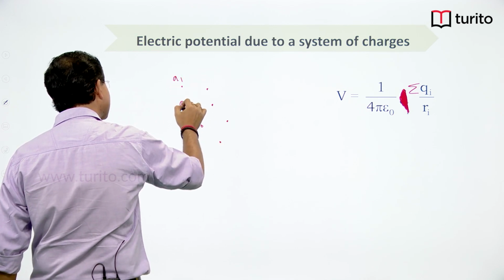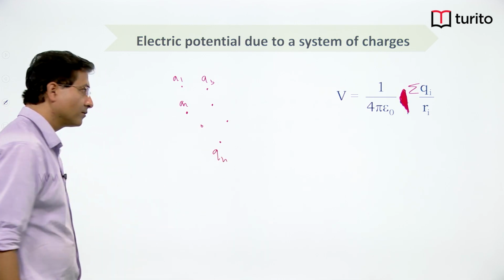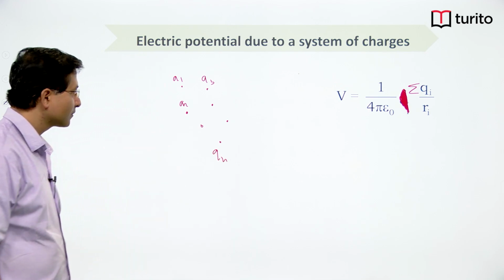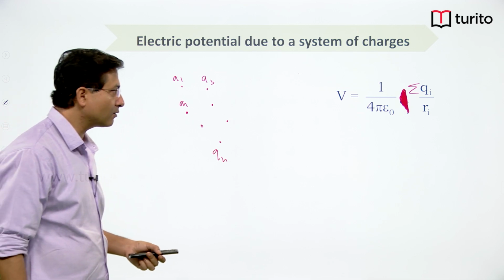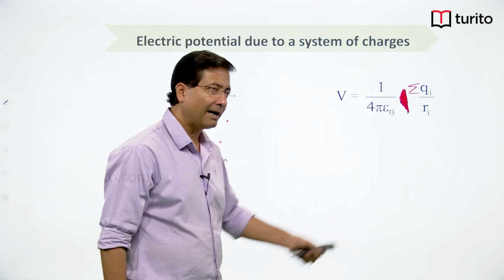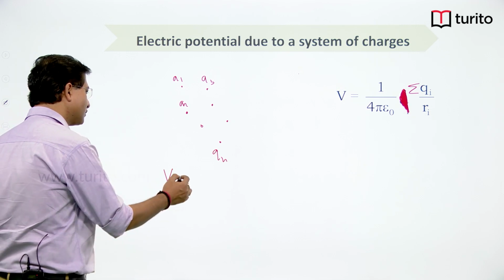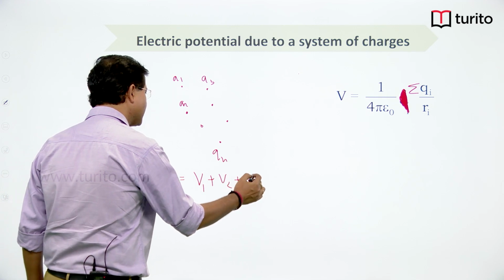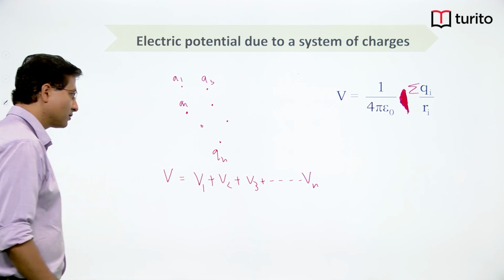and let us say this is Q1, this is Q2, this is Q3 and this is Qn, and I want to find out potential somewhere here due to this distribution. As potential is a scalar quantity, I can add all the terms. What I can write is potential total is potential produced by first charge, potential produced by second charge, potential produced by third charge, potential produced by nth charge.